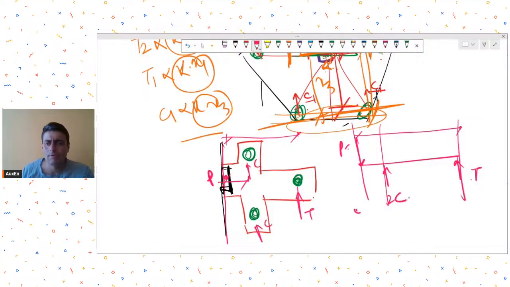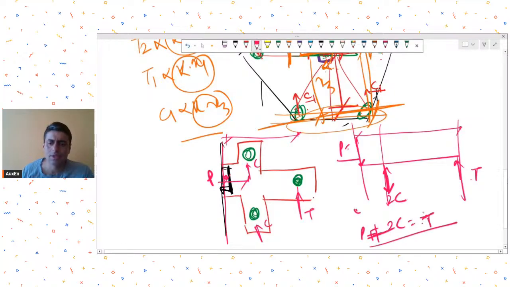So you could come up with this equation also: P plus 2C equal to T, something like this you can generate.